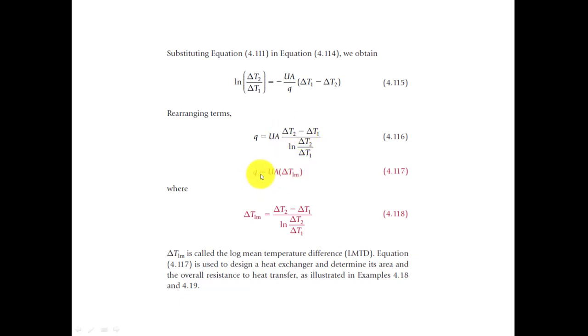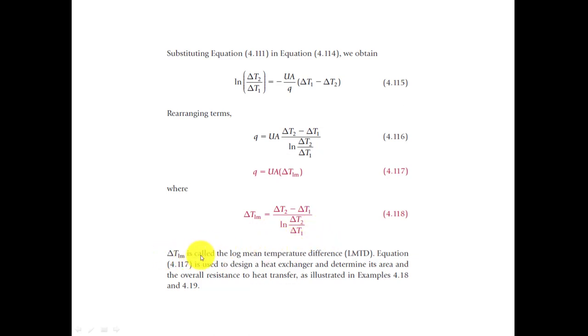So this Q is equal to UA del Tm, and this del Tm, generally we write del TLM, is equal to delta T2 minus delta T1 divided by the natural logarithm of delta T2 by delta T1, and this is known as LMTD.